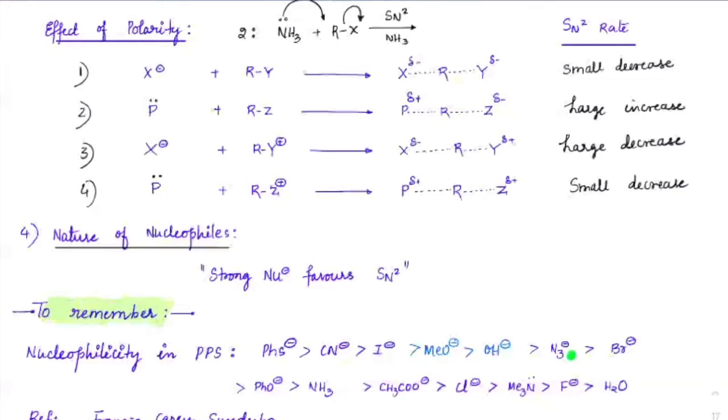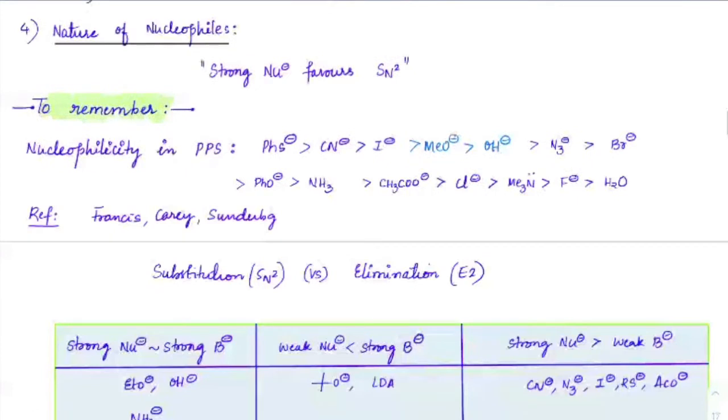Br minus, PhO minus, ammonia, CH3COO minus, Cl minus, tertiary amine, F minus, H2O. So this is how the nucleophilicity changes. You can see these last three are very weak nucleophiles. Other than them, the rest are strong nucleophiles. Please make a note of it. Nature of nucleophiles.